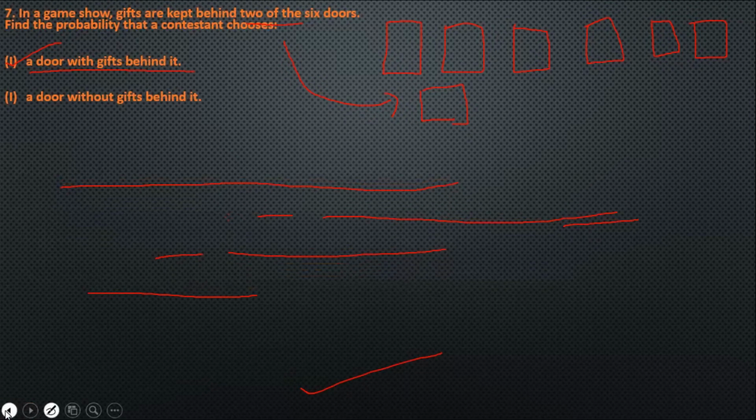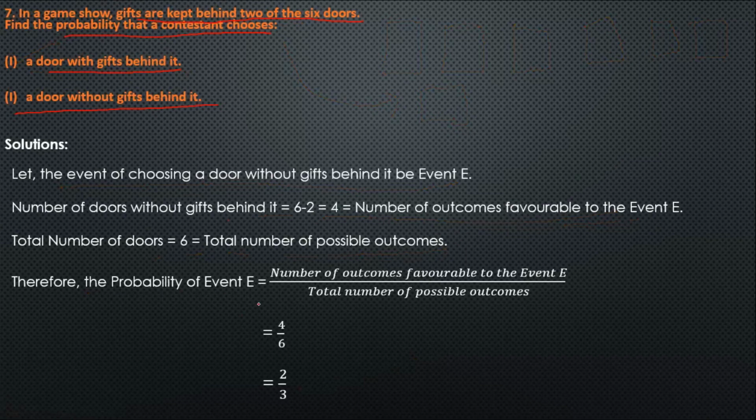Next, number 2, a door without gifts behind it. Let the event of choosing a door without gifts behind it be event E. We have assumed it here. So 6 minus 2 is equal to 4, because there are 2 doors behind which we have a gift. This means there are 4 doors behind which there is no gift.